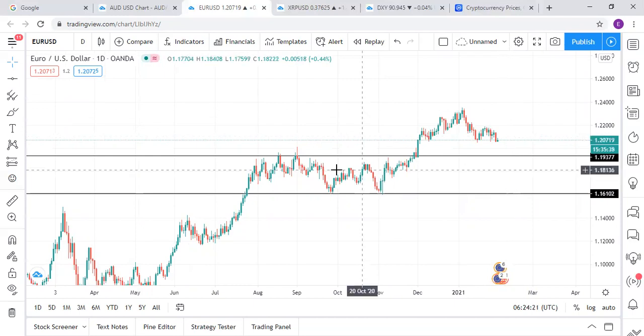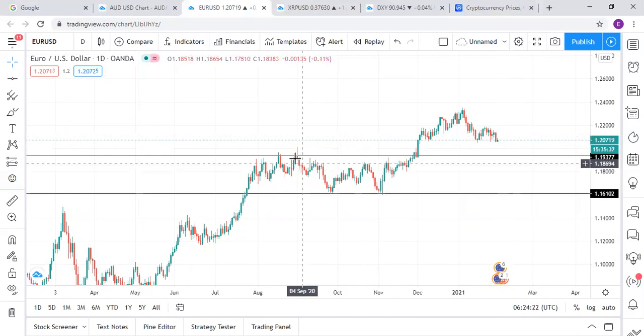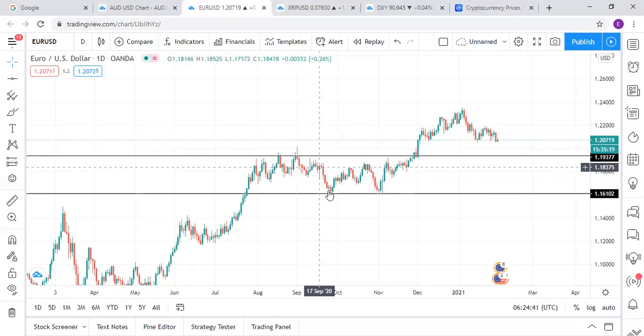What I mean by that is, if you look at this area too, we have a ranging market here, then we start having lower highs after this high, something like a double top. So we have a lower high, we have a lower low, we have another lower high.